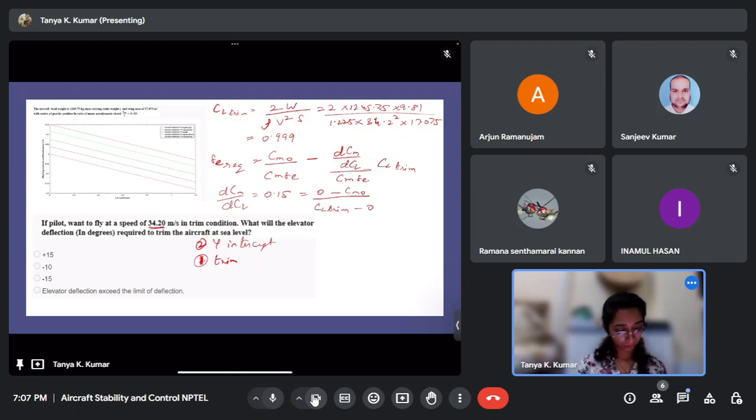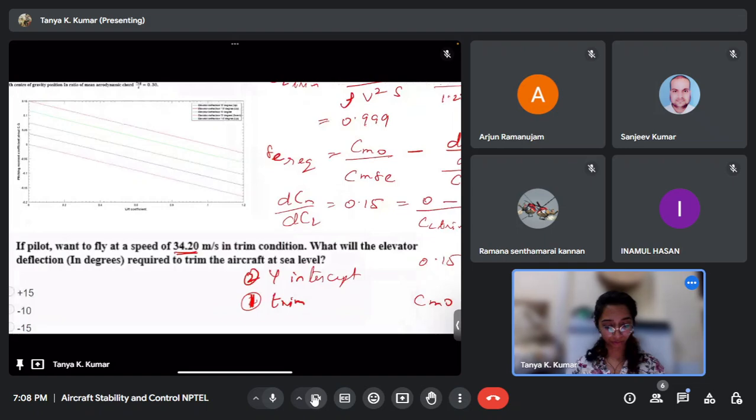So you have 0.15 equals minus Cm naught by 0.999. So the Cm naught value comes to about 0.15. Now just look at your graphs and see which angle corresponds to 0.15.